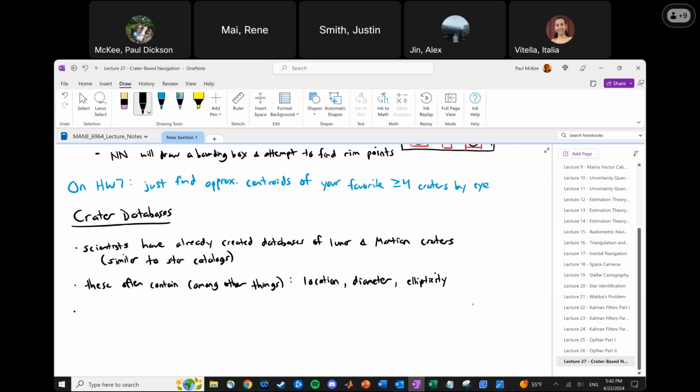It's probably a countably large number, but for engineering purposes, there are infinitely many craters on the moon and Mars.